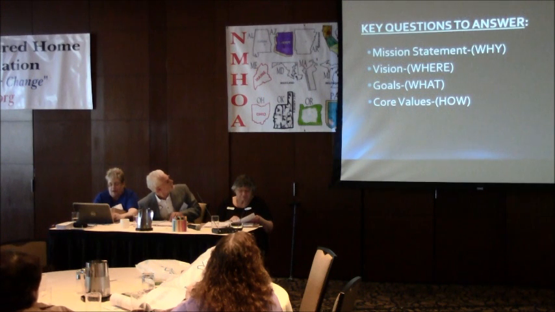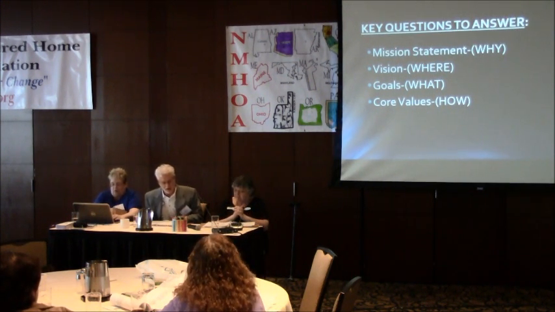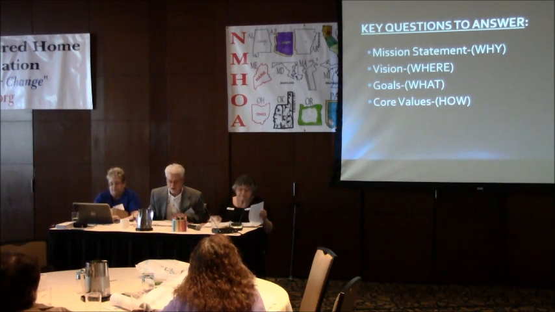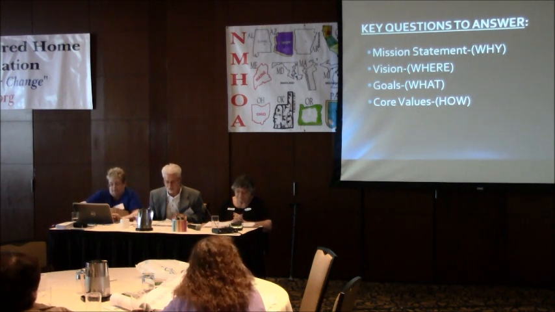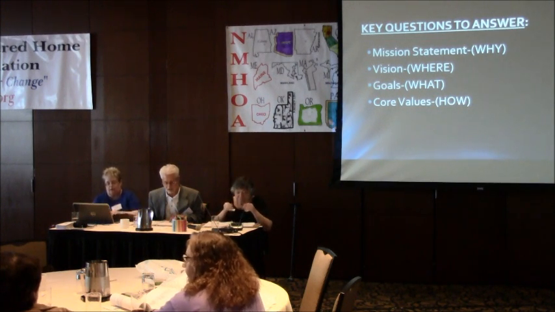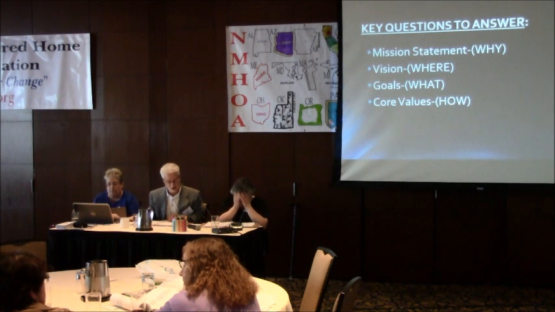Next. Key questions to answer. Mission statement: that answers why do we exist? Why are we committed to support that existence? The vision answers where we want to go or be. Shared vision: each person sees his or her own picture of the organization at its best, as well as shares responsibility for the whole organization, not just for one piece of it.